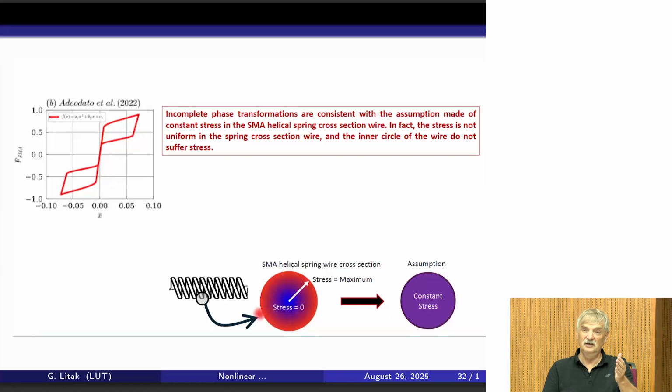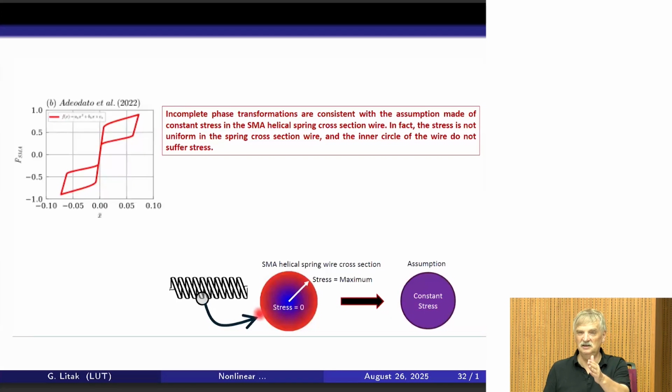So this is the phase transition for the shape memory alloy. There are two phases, austenite and martensite, and these two phases just differ in length, but you can also train your system to keep some memory of the shape.